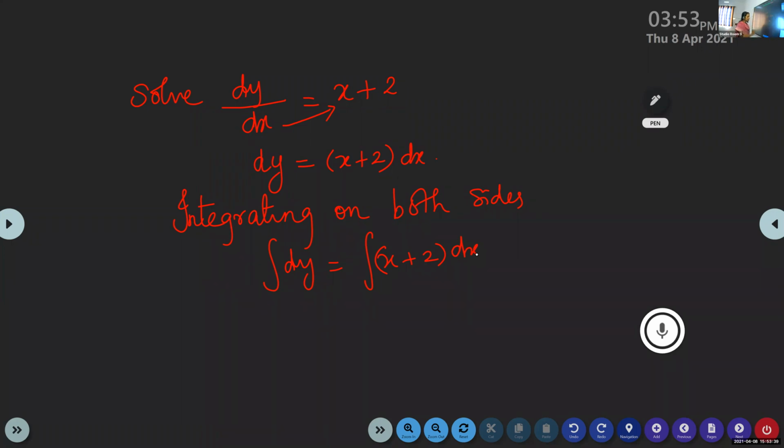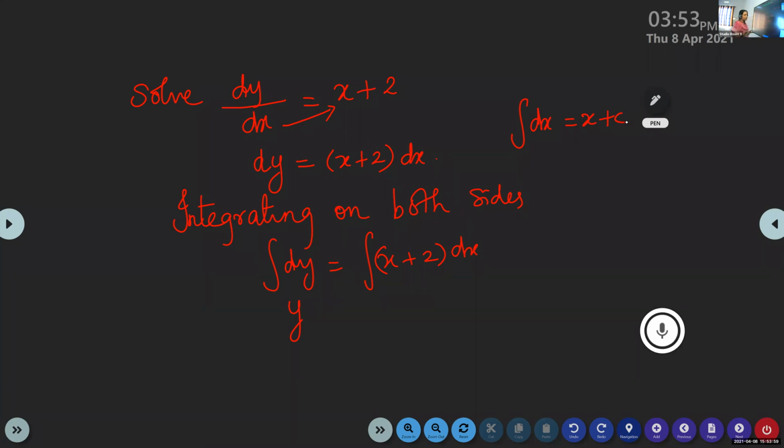So what is integral of dy? Integral of dy is y. What is integral of dx? x plus c, isn't it? Integration and differentiation will get cancelled. So integral of dx is x.